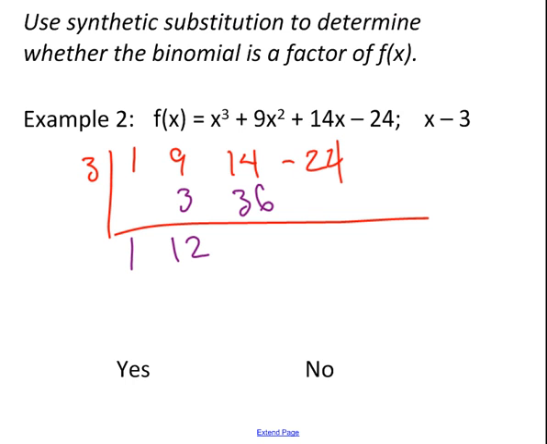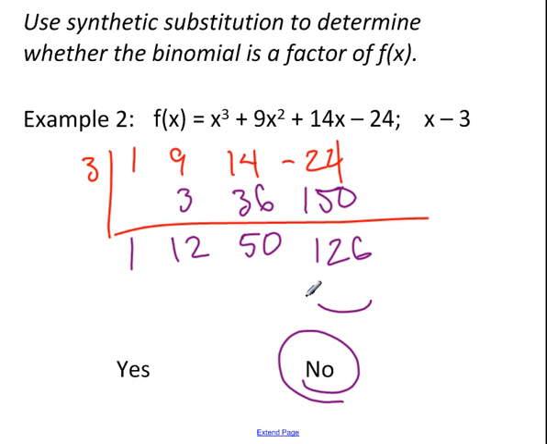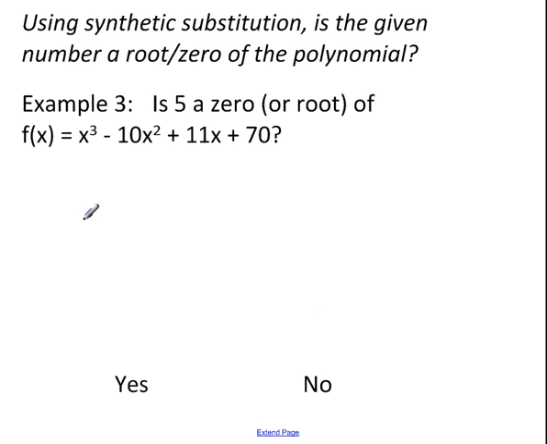I'm sorry. What is wrong with me today? Yep, there we go, 150, and then we subtract that and get 126. Well, as soon as I realize that is not going to be a 0 here, then I'm picking no. And move on with our lives.